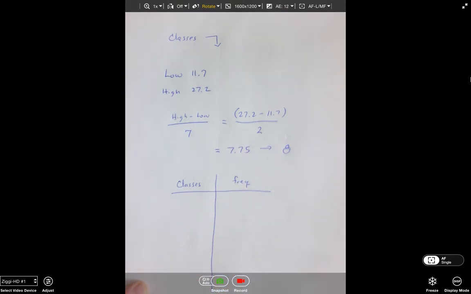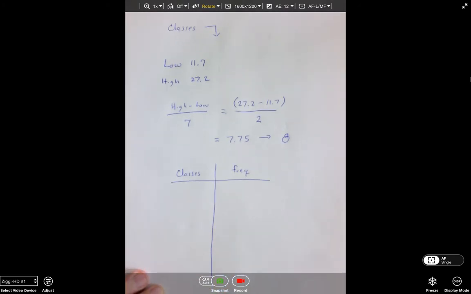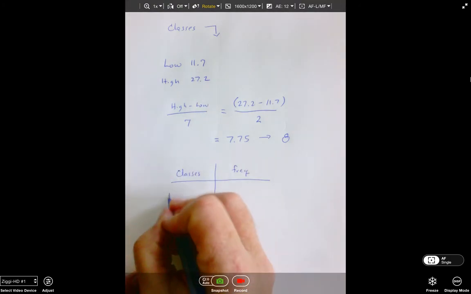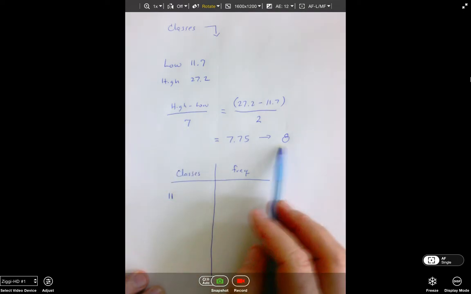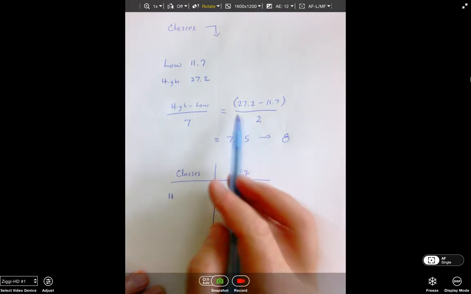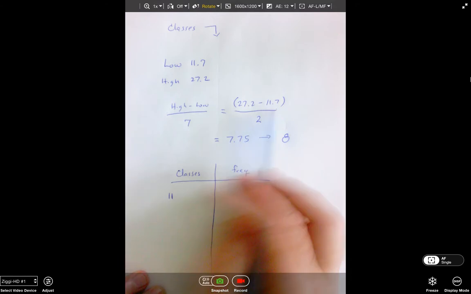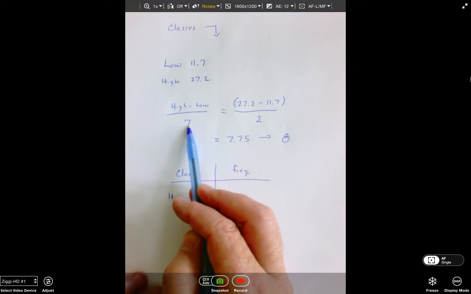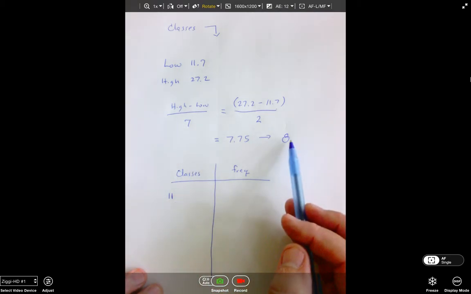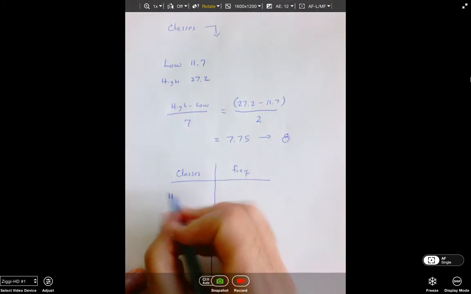So what I would do here is create a frequency distribution of classes. I would start somewhere below the lowest, so I would probably start this at 11. My class width is 8, because I want to divide the difference between the highest and the lowest by 7, so I can get approximately 7 to 8 bars, because that creates a histogram that does what I want it to do. I can accomplish that by having my class width be 8.